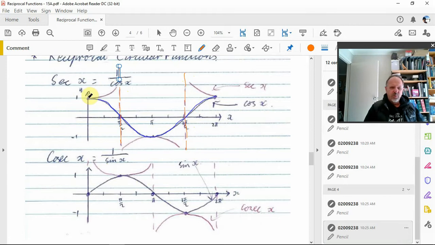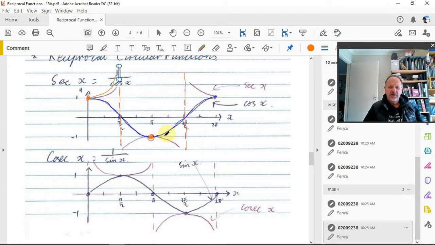When cos is 1, 1 over 1 is 1, so it's there. When cos gets littler, so less than 1, say a half, you've got 1 over a half, which is 2. So what you see happening is that curving up like so.